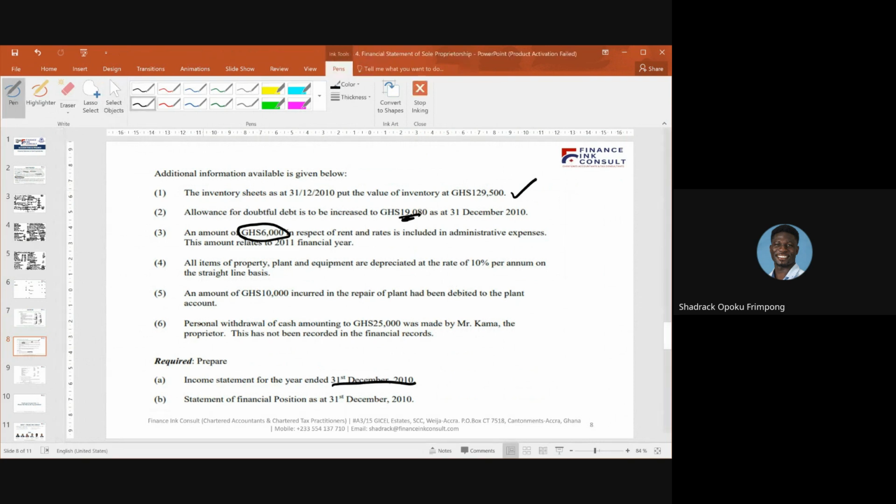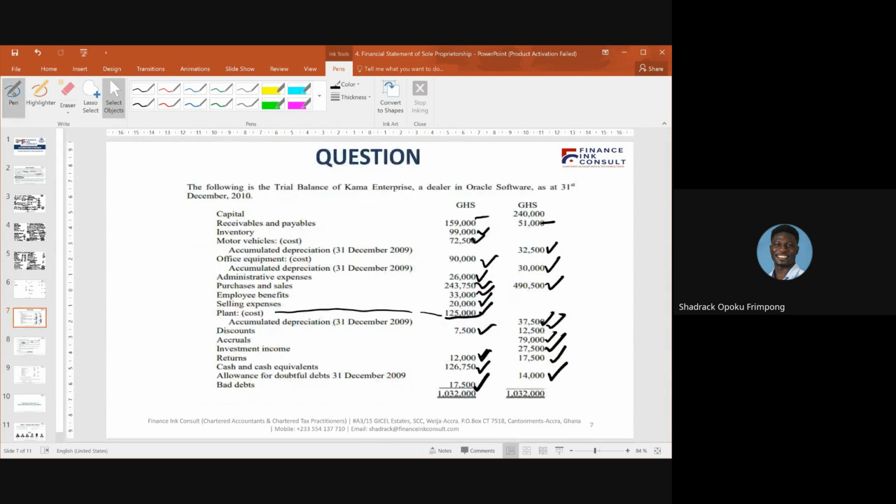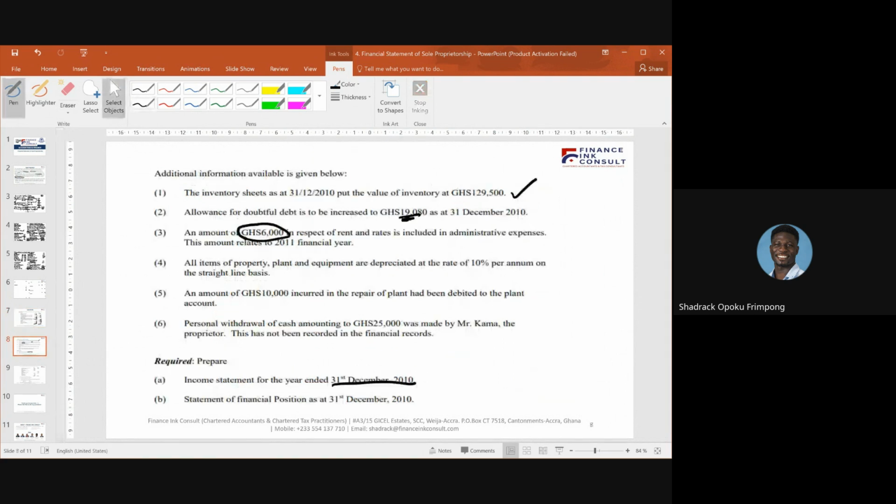Then we move on to the next one. Personal withdrawal of cash amounting to 25,000 was made by Mr. Kama, the proprietor. This has not been recorded in the financial statement. You realize, see something. So look at the trial balance. You see the debit side and the credit side. It has balanced, but they are telling us that there was an omission of a transaction.